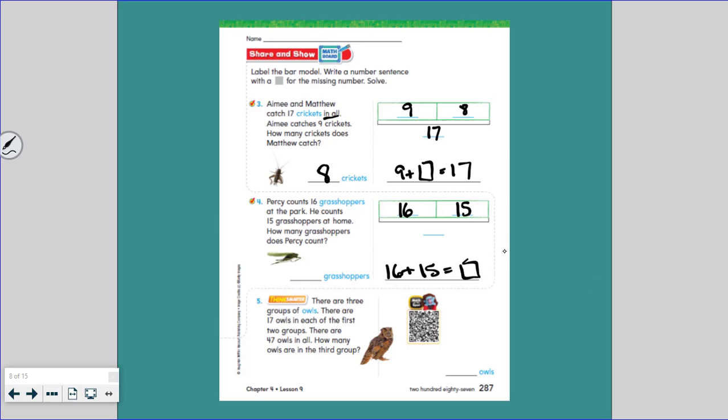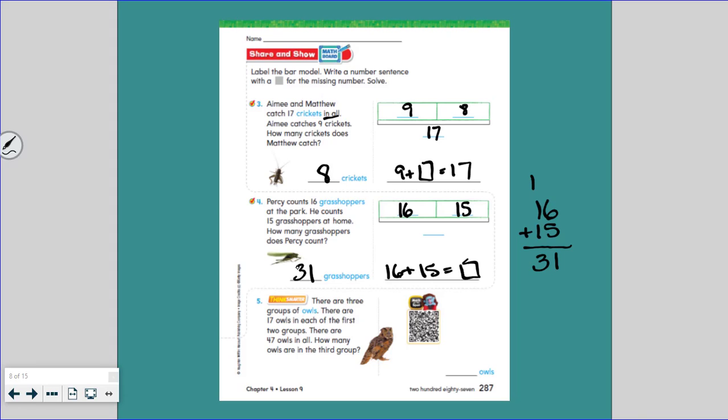So I'm going to rewrite this in a way that makes sense, because we're adding. So I'm going to line up my 10s and my 1s. I'm going to put my plus sign, then I'm going to put my equal bar, and then I'm going to start solving. So 6 and 5 is 11, so 1 10 and 1 1. Then my 10s is going to be 30, so 3 10s. Okay, so he counted 31 grasshoppers that day.